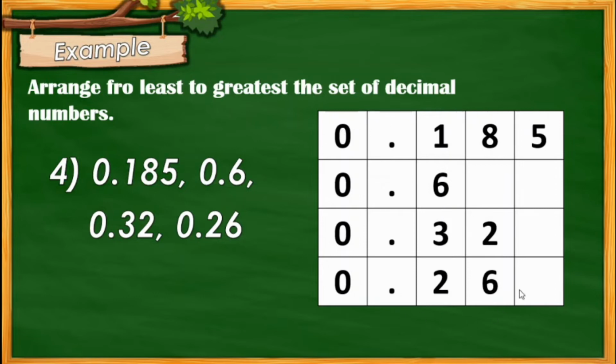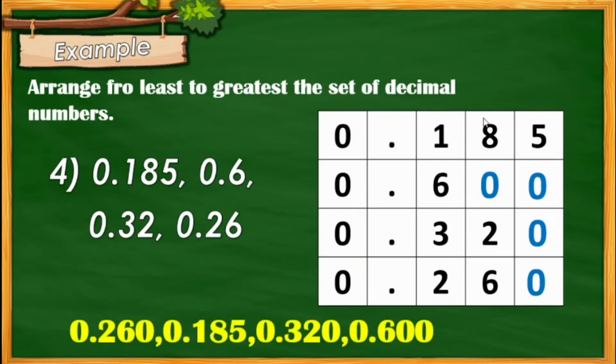Okay, so again, make all the decimals the same highest place value. So the highest place value is the thousandths place. So all of them are in the thousandths place. You're going to add 0. Now, let's arrange. So from least, which is least in these decimals? Okay, so the least decimal is 185 thousandths.